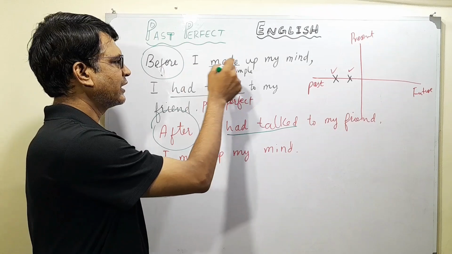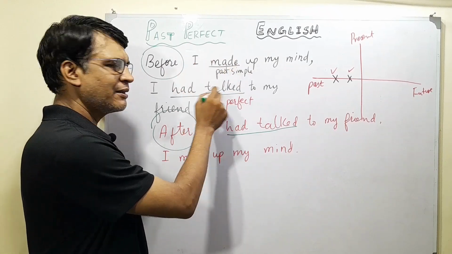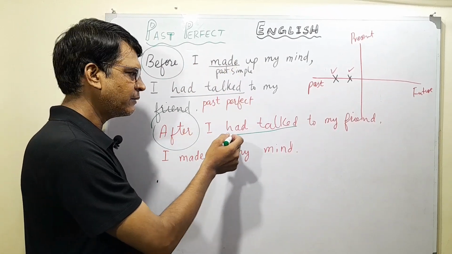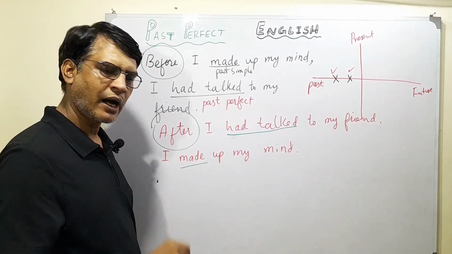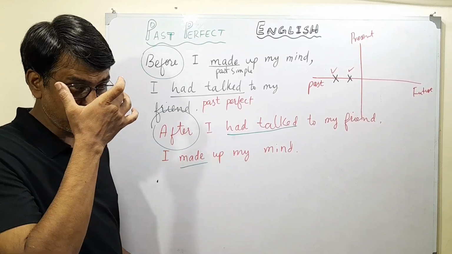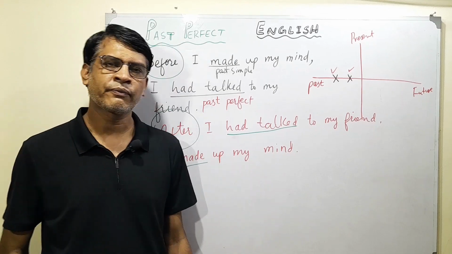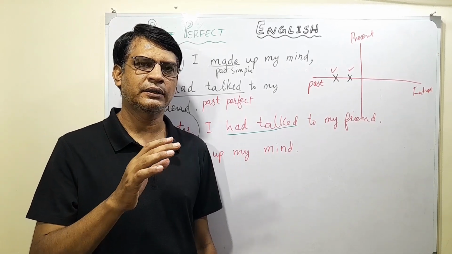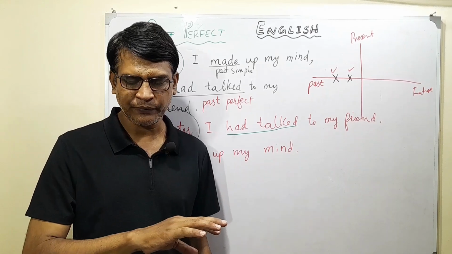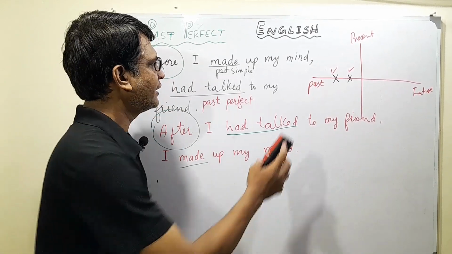If I'm using before, then I'm using past simple first and then past perfect. But if I'm using after, I'm using past perfect first and then past simple afterwards. So past perfect is all about two actions, one that happened before the other. So that's the idea of it.